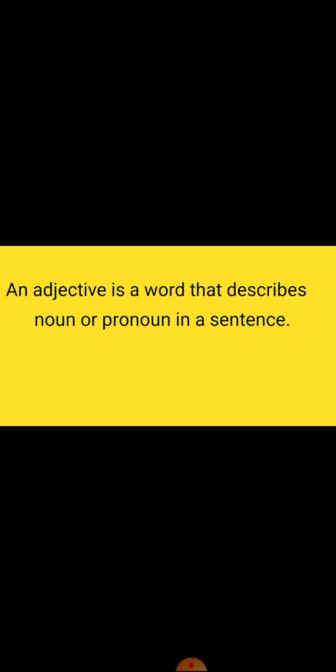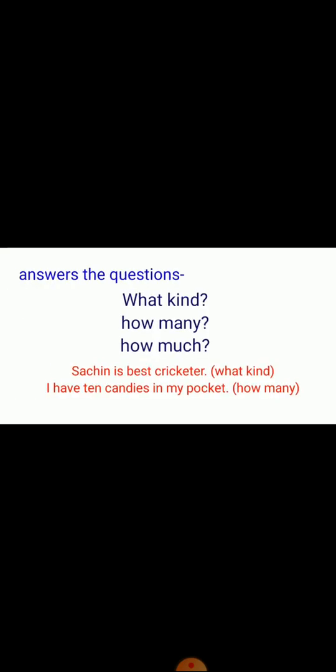Children, adjectives usually describe a noun or pronoun by answering the questions what kind, how many, which one, how much. Let's see some examples. Sachin is the best cricketer. What kind of cricketer is Sachin? We get the answer best.